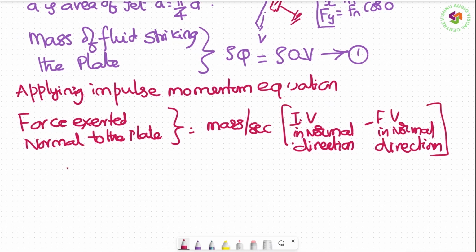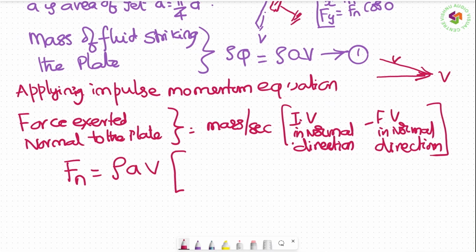So Fn is equal to mass per second, which is rho A V. Fine. What is the initial velocity in the normal direction? In this direction it is V, but I want it in the normal direction. So it is V cos (90 minus theta), which is V sin theta.